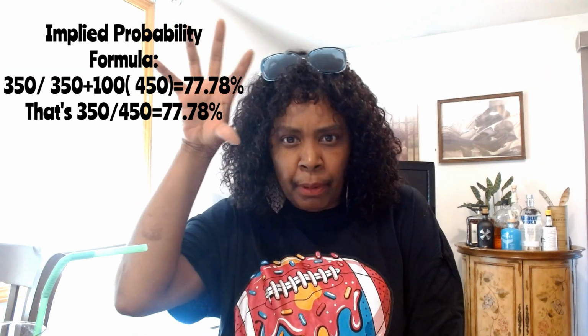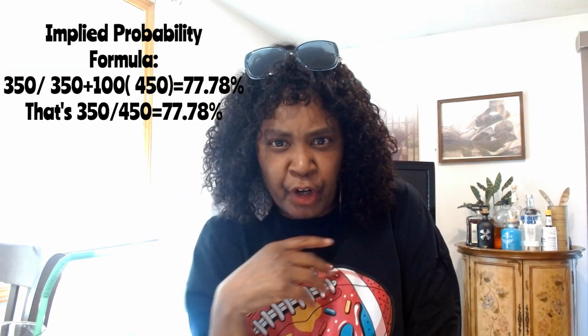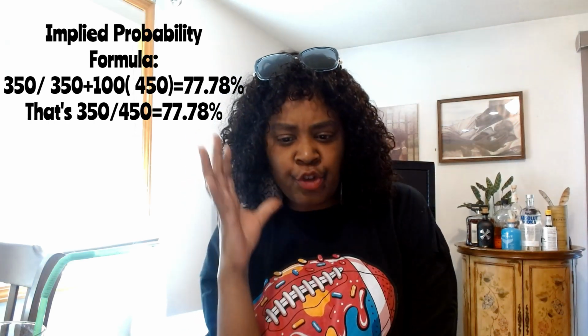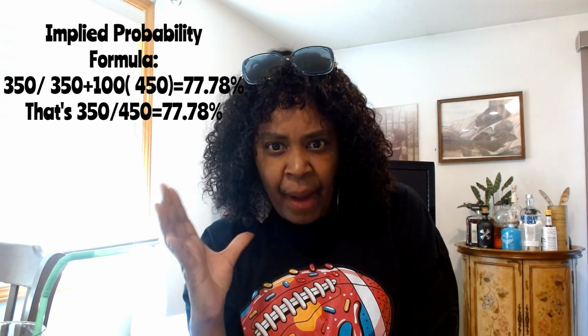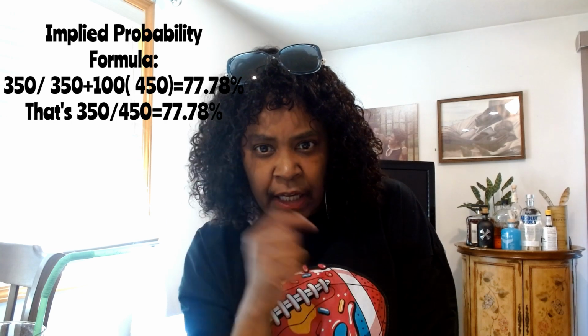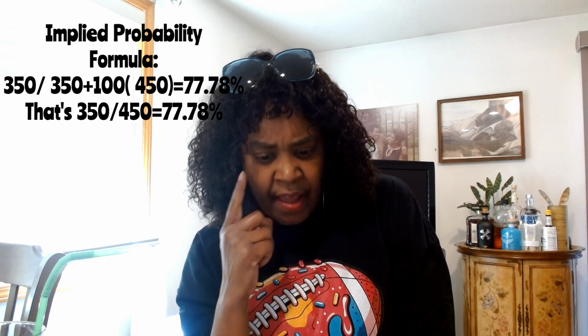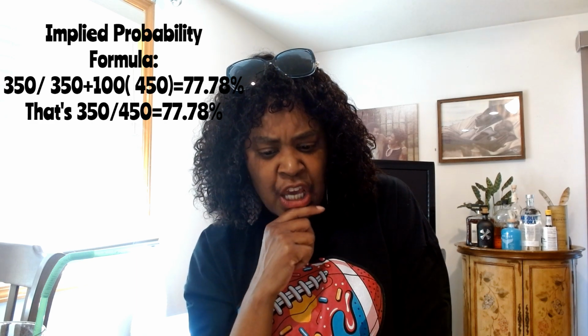I'm going to put pop-up text up here so you can see it, because I'm very visual. That's 350 divided by 450, and that comes out to 77.78%. That's the sportsbook saying this team or fighter has an almost 80% chance to win.